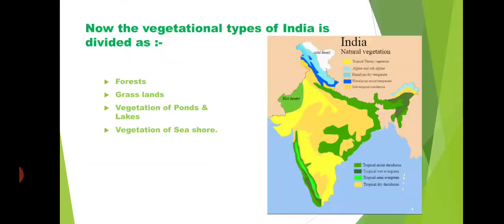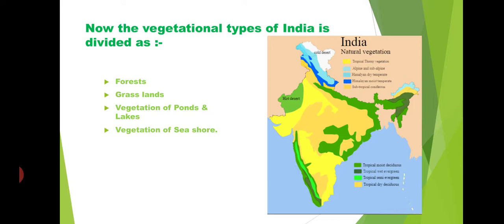Then next we will study the vegetation types of India. This Forsberg 1961 classification was created previously.